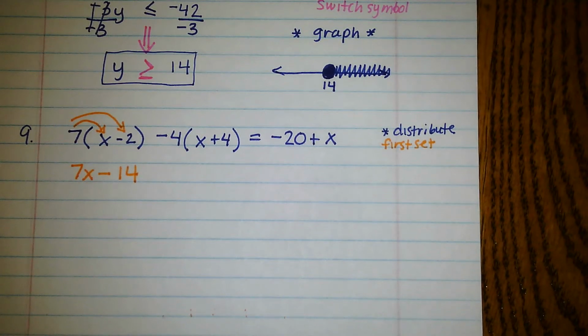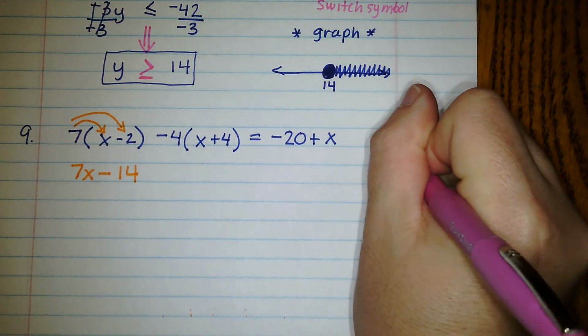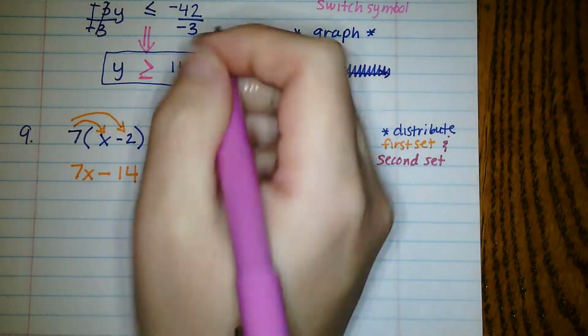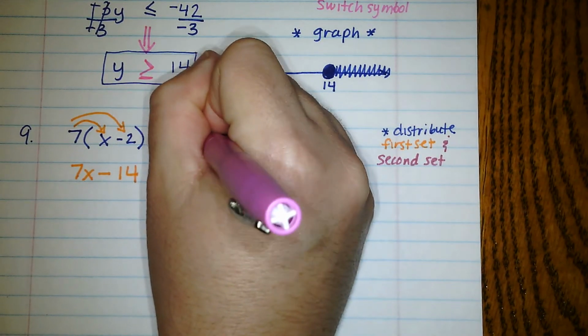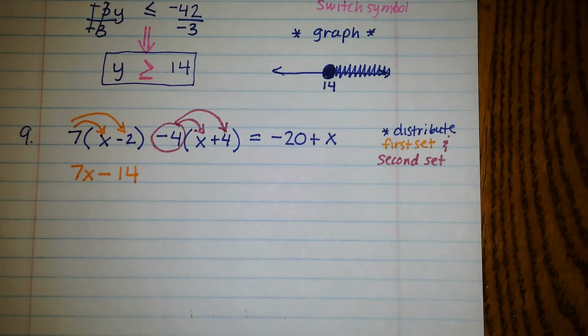But this is the kicker, and this is the one where I need you to look really carefully, because the second set is not distributing just a 4. It is distributing a negative 4. So I have to distribute negative 4 to the x and a negative 4 to the 4.